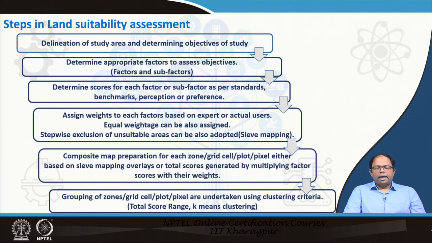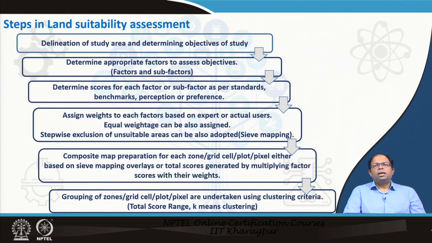So once that is done, the next task is to group these zones or grids or plots or pixels, and it could be done by assuming a certain range, dividing the entire score that we have generated by multiplying factors into weights, and we can create some ranges for them. Like if the total value ranges from 1 to 4, then we can create 0 to 1, 1 to 2, 2 to 3, and 3 to 4.